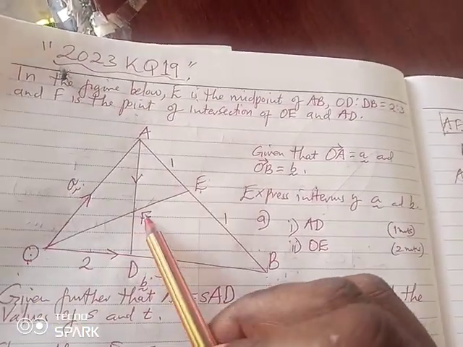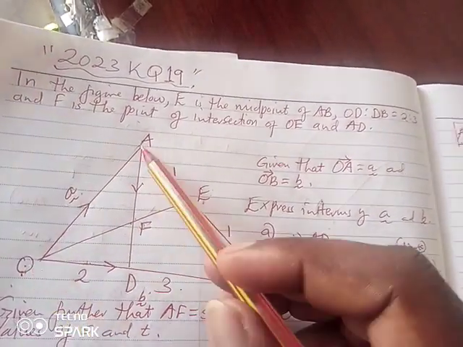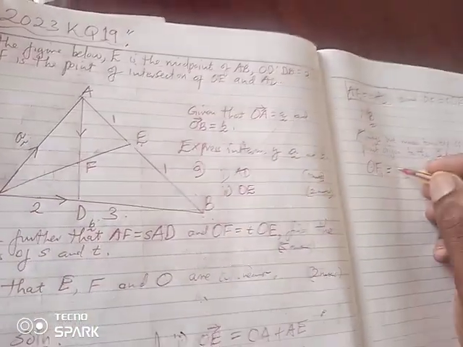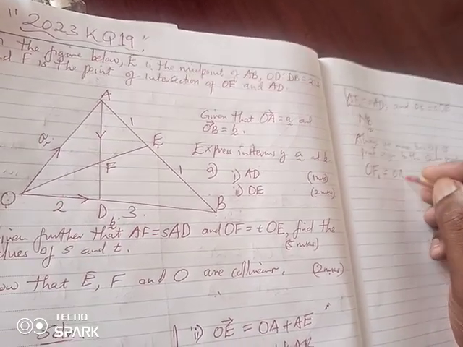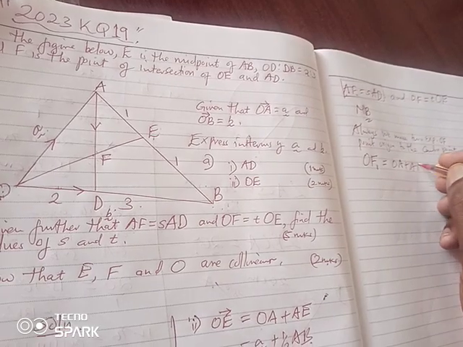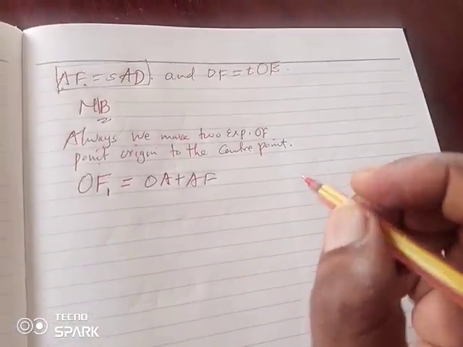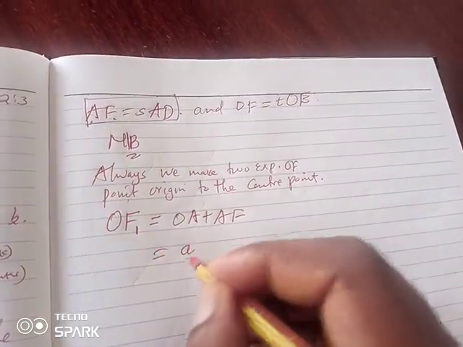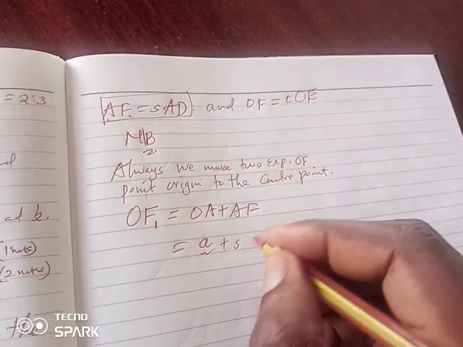I will have to go from O to A, then A to F. So it will be OA plus AF. OA we all know, plus AF is given up here. It's an S of AD.